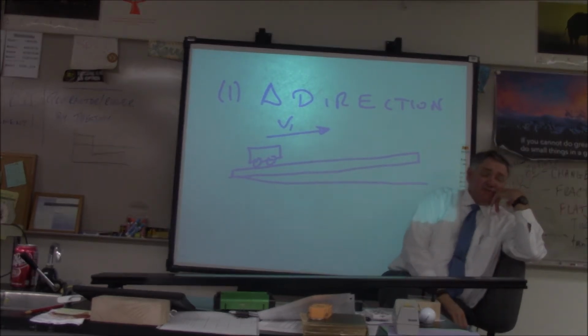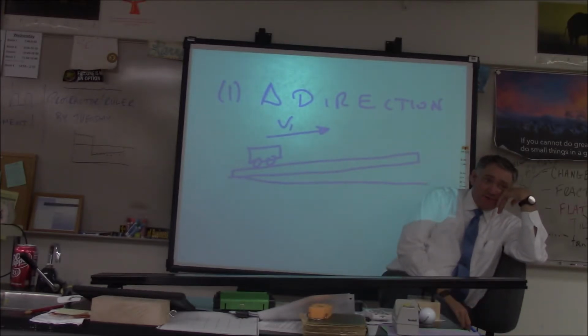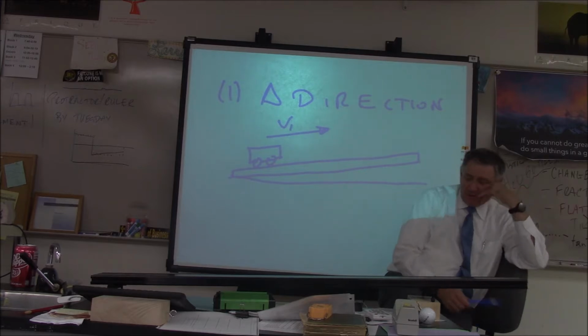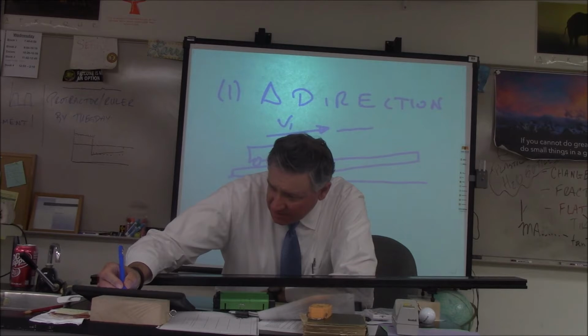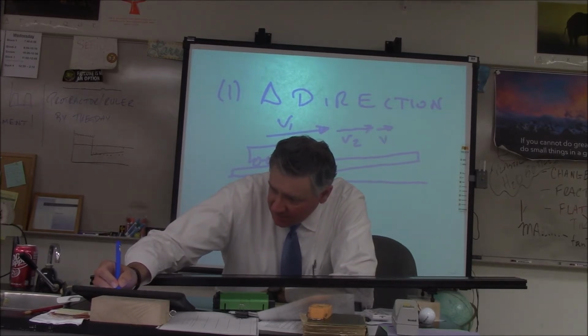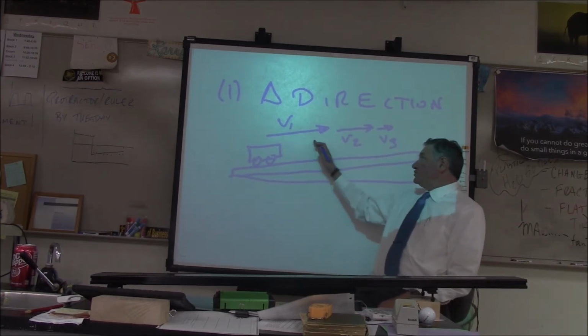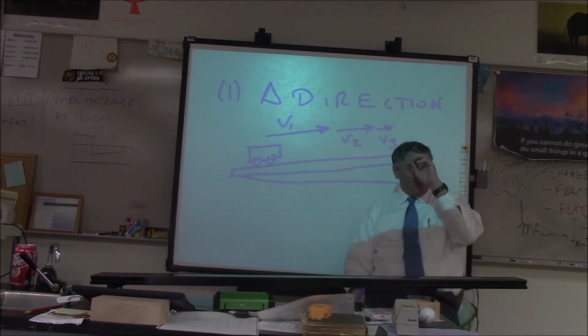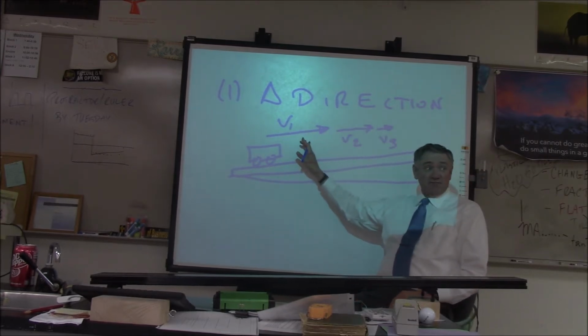So Zoe, what's it going to do going up the ramp? What's going to happen to that velocity vector? Bigger, smaller, stay the same? Smaller. So you come in here and you draw maybe V2, something like this, and then V3, even smaller than that. Okay? Now when you draw these, if you want me to think that they're getting smaller, you draw them so I can clearly see them getting smaller.